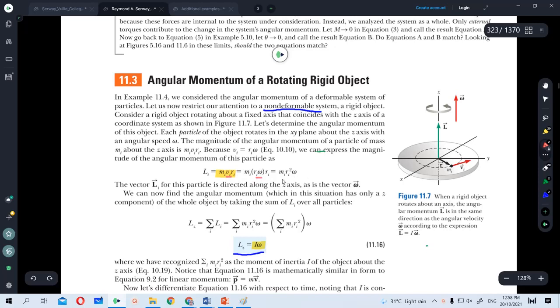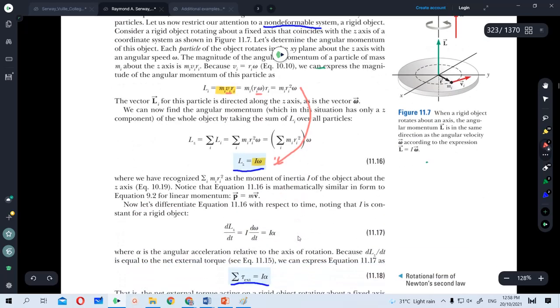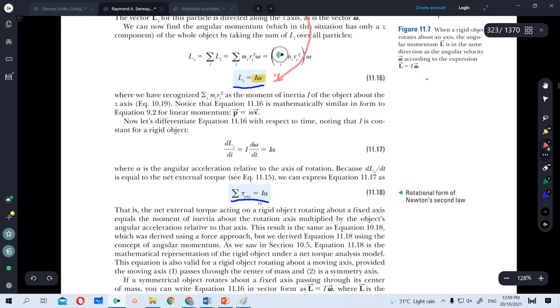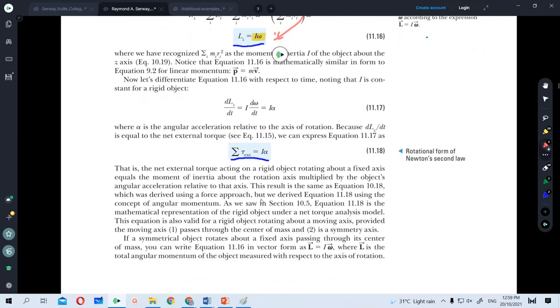When you simplify, it turns into the generic expression mr squared omega, and this is very similar to this, where mr squared is I. Now, that's one additional expression that we are going to see. Aside from writing it as mvr, recall as well that we are going to use net torque equivalent to I alpha in the next expressions.